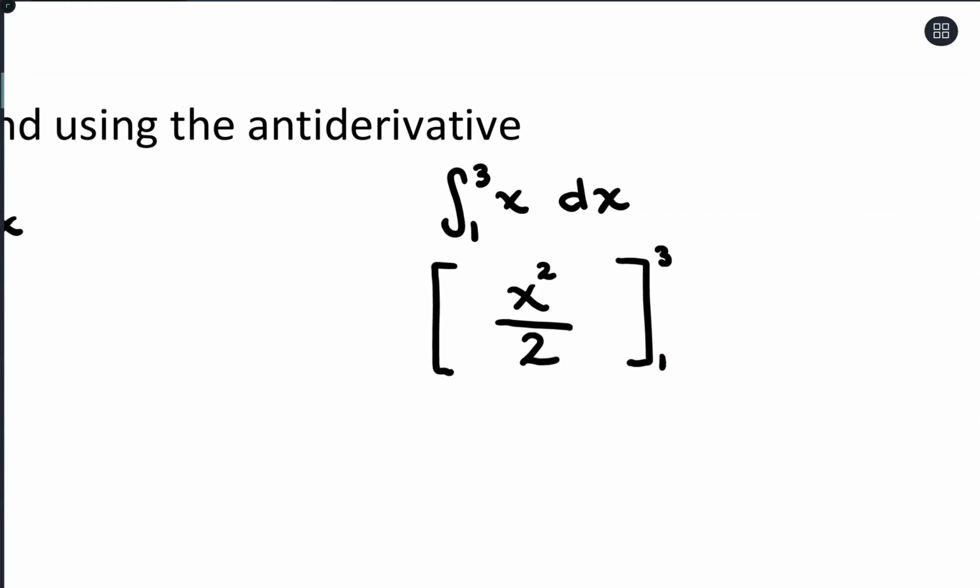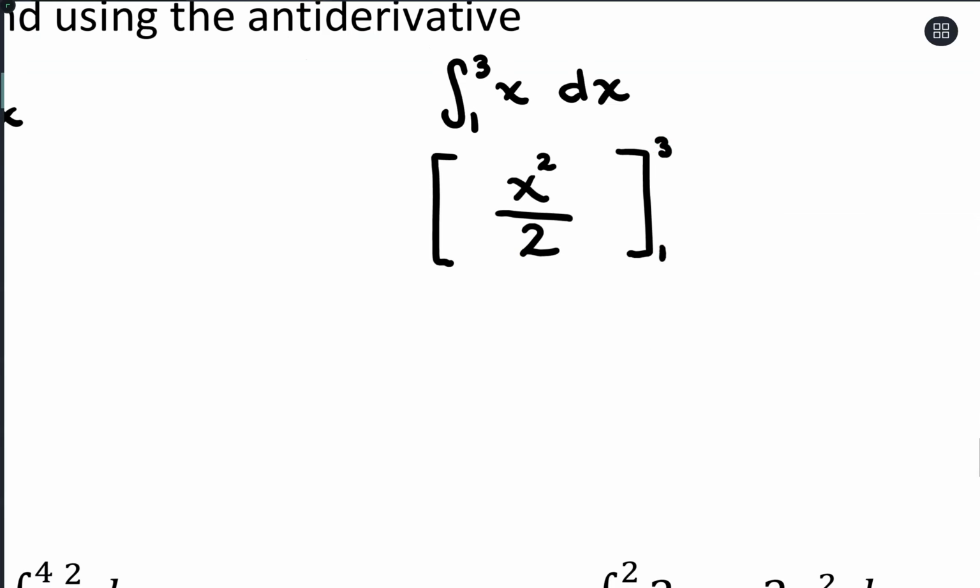So we're going to have two calculations. We're going to first plug in 3, so that's 3 squared over 2. And then I'm going to subtract, and parentheses will be really helpful here, especially with more complicated antiderivatives. We want to make sure that subtraction distributes through, but I'm going to plug in 1, which is 1 squared over 2.